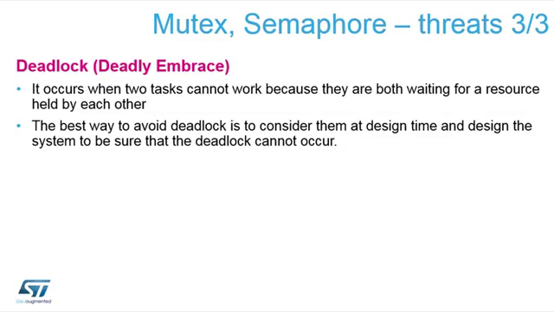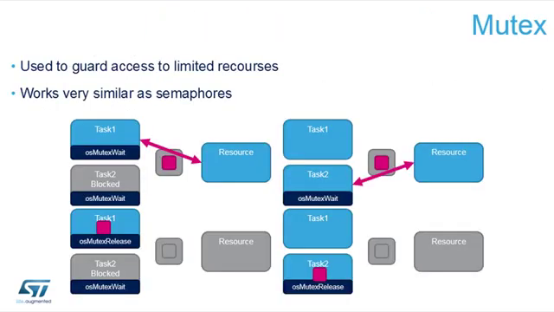At this moment, there is really bad luck, because neither of these two tasks is able to acquire the other resource and give up its own. So in that situation, you completely lock these two tasks and they cannot continue. So when you design your application, you should avoid the deadlock, and you should think about it at design time, so that you never wait for the two resources in a crossed way.